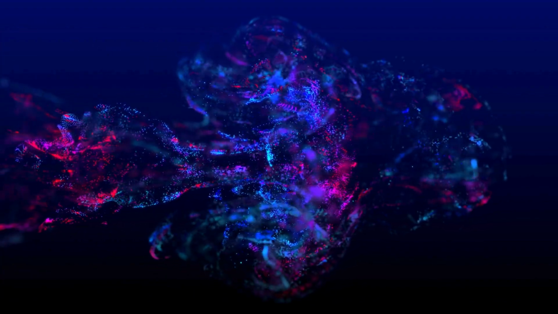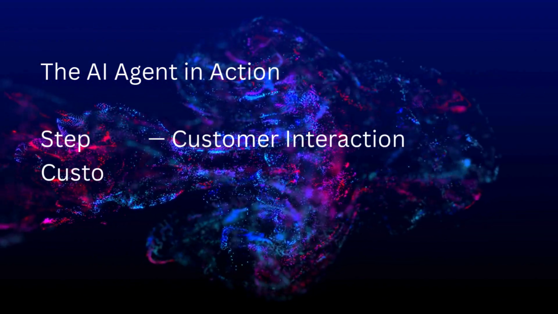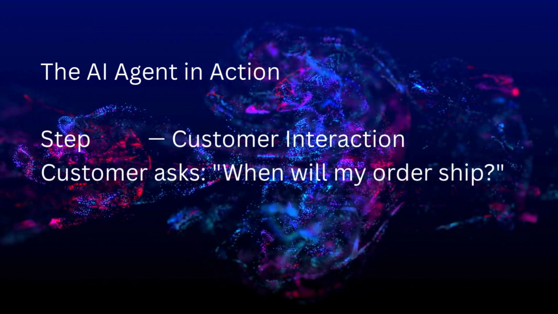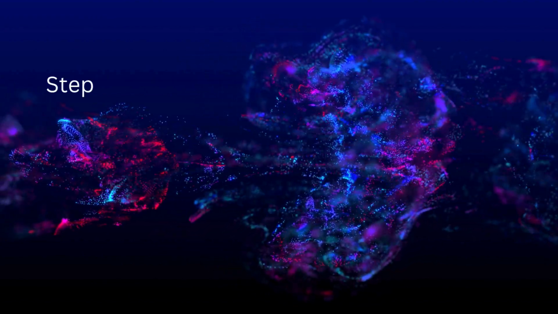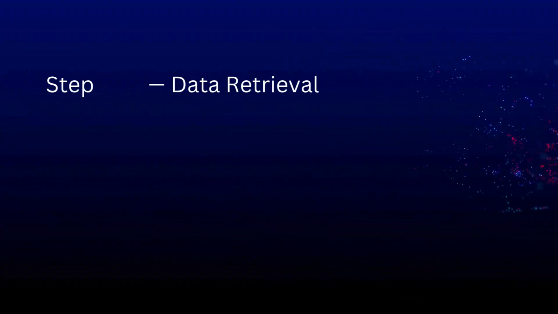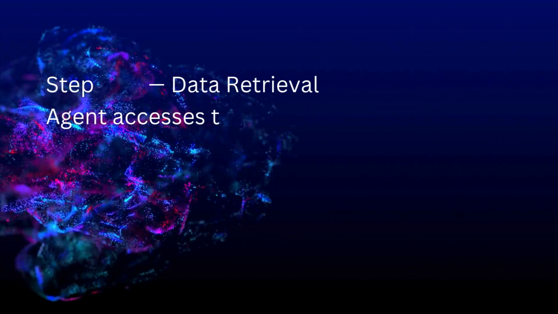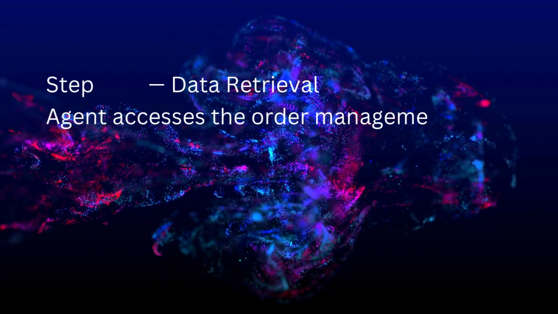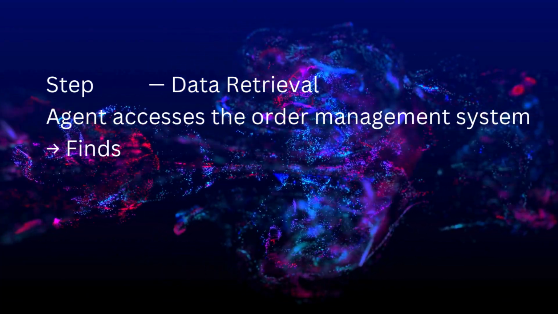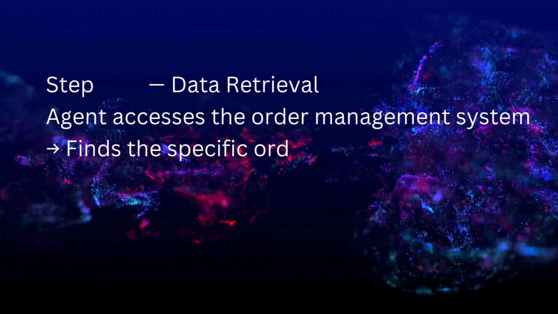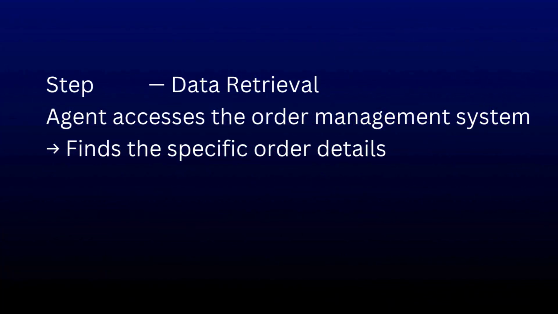Here is how an AI agent handles this. Step 1. A customer sends a message asking when their order will ship. Step 2. The AI agent doesn't just guess or give a generic answer. It actually accesses your order management system, finds that specific customer's order, and reads the real data.